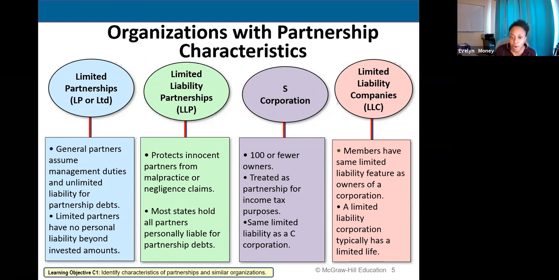The only thing they stand to lose is their investment. With a limited liability partnership, or an LLP, which you see a lot with doctors' offices, accounting firms, and law firms, innocent partners are protected from malpractice or negligence claims arising from other partners.